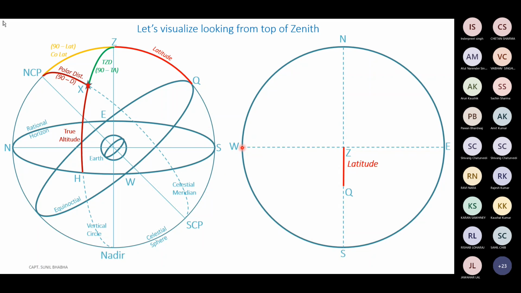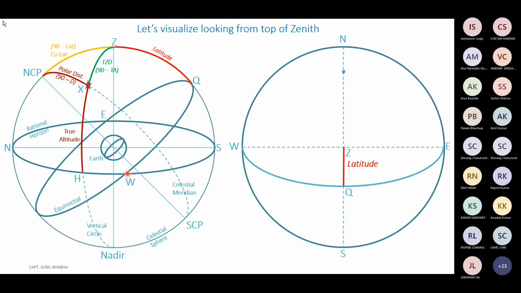You have the W point here, you have the Q point here, and you have the E point here. So joining W to Q to E will give us the equinoctial. So let us do that. You see, W joined with Q joined with E gives us the equinoctial. So this WQE represents the equinoctial in our rational horizon diagram.